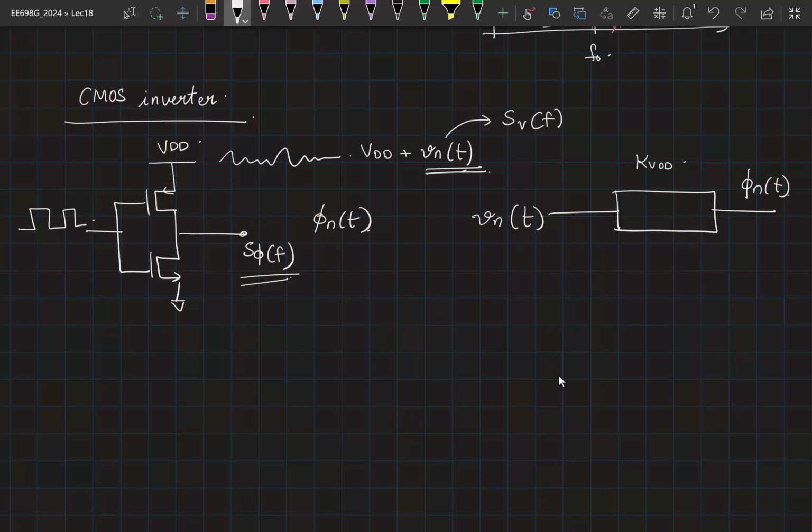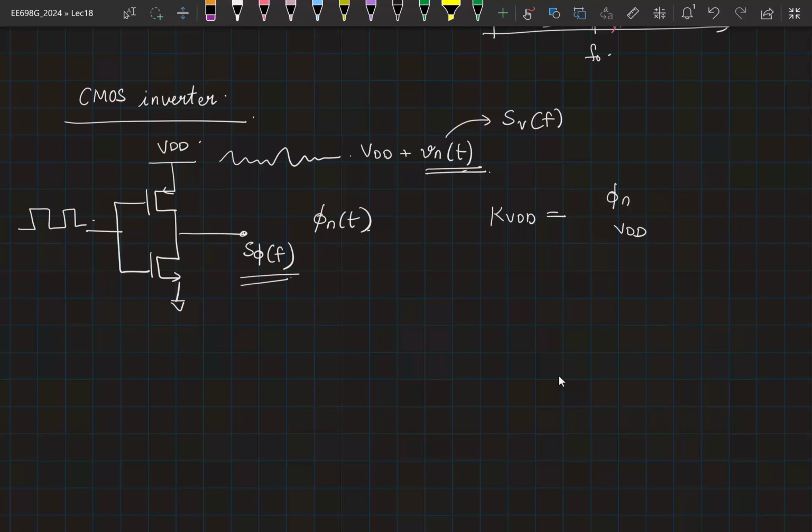We had defined a KVDD when we were discussing the supply voltage sensitivity of the DL, right? Especially for the VCDL. So, similarly, we will calculate what is the KVDD. What was the expression for KVDD? Change in the output phase when you make a small change in the VDD, right? In other words, dou phi by dou VDD.